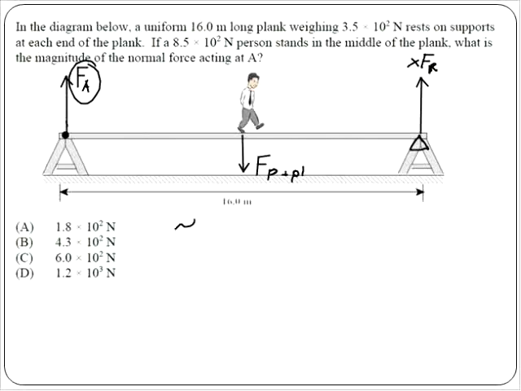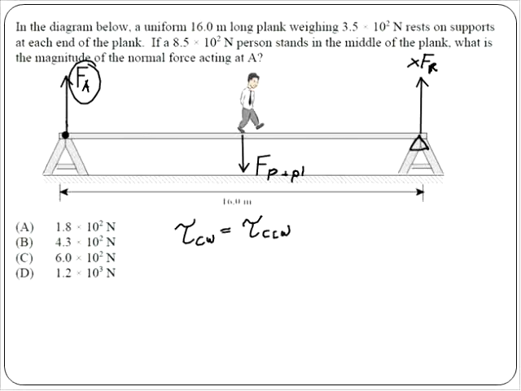So now I can say clockwise torque is equal to counterclockwise torque. All I've got to do now is figure out which one is clockwise and which one is counterclockwise, because there's really only two forces I have to worry about. If you grip your pencil at the right end and push up, that would give you a clockwise rotation.